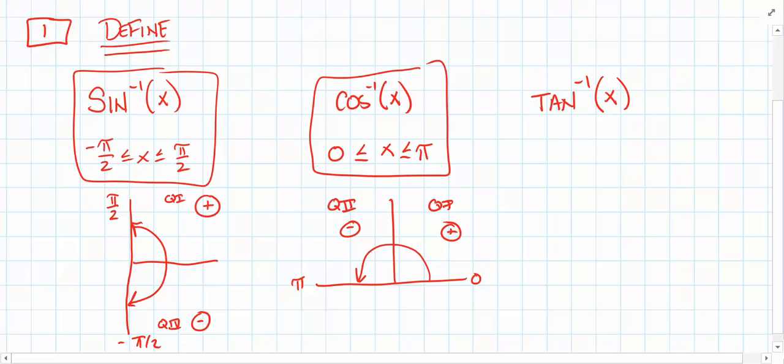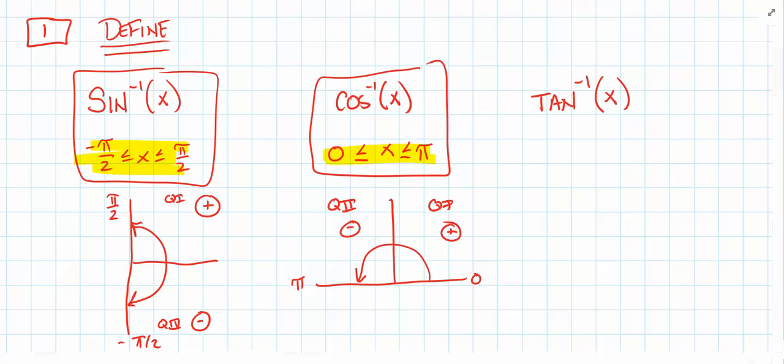So that's the picture that we're going to use for the inverse cosine, and the reason being is because the domain for the inverse cosine is between 0 and pi. The domain for the inverse sine is this one over here, negative pi over 2 less than x less than pi over 2, or negative 90 to 90, if you want to think of it that way.